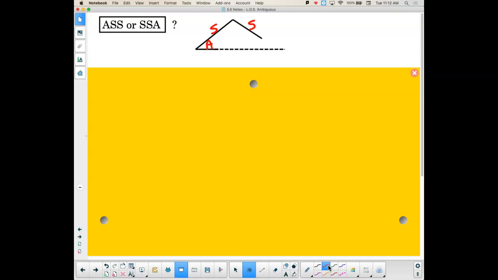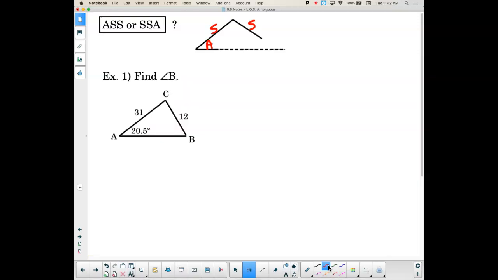It's the naughty case. What I'd like you to do is, because we have the one complete fraction, we can use the law of sines. Find me angle B. Just angle B. Don't solve the whole triangle.